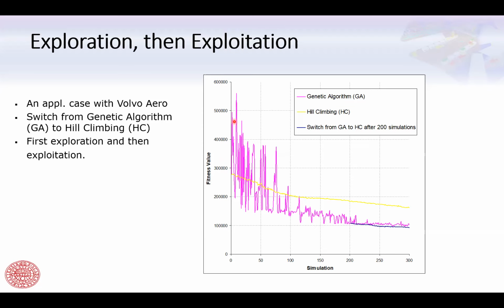The pink line there was from the genetic algorithm. I like this slide because it shows that the genetic algorithm in the beginning tried to explore pretty much. You don't see too much about what they explore in the search space. I don't think I'm allowed to let you see all the details about the decision variables.